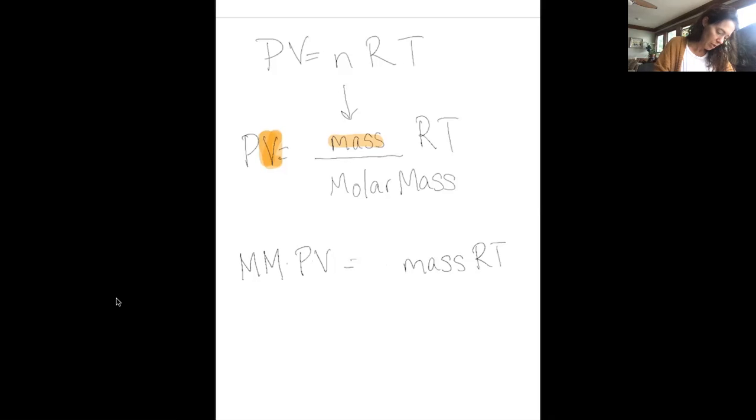Okay, so PV equals nRT. n can be replaced by mass over molar mass. I am rearranging a little bit, so let me just write down what I have here.